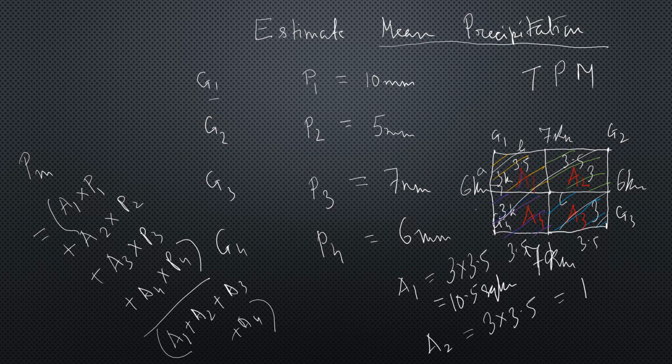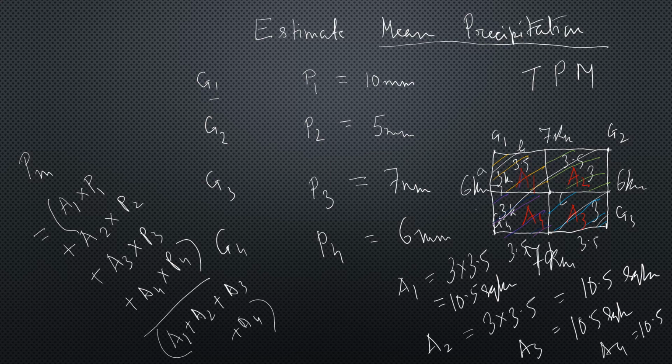So this will also be 10.5 square km. A3 will be 3 into 3.5, same 10.5. A4 will also be 10.5.